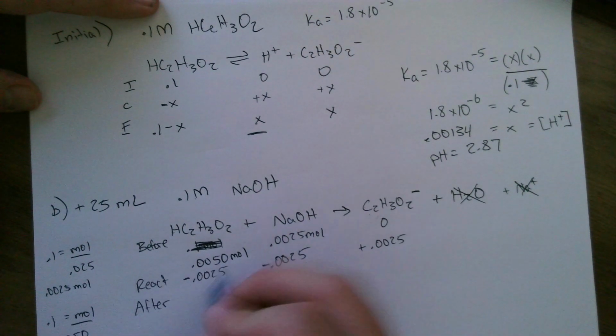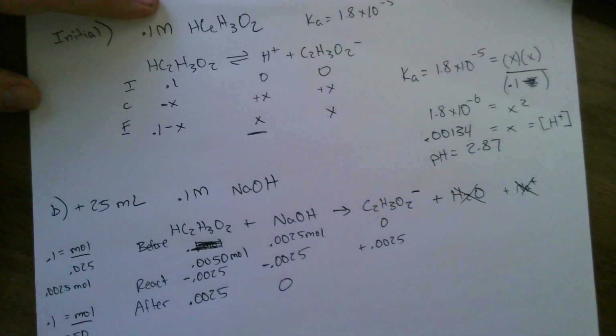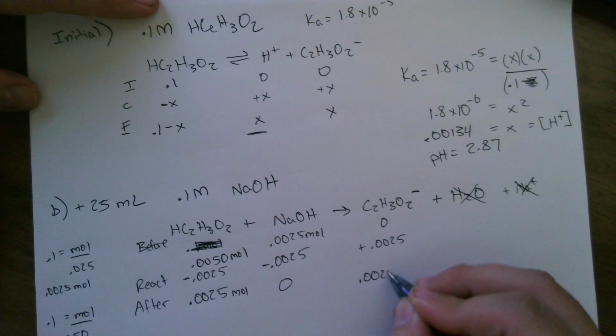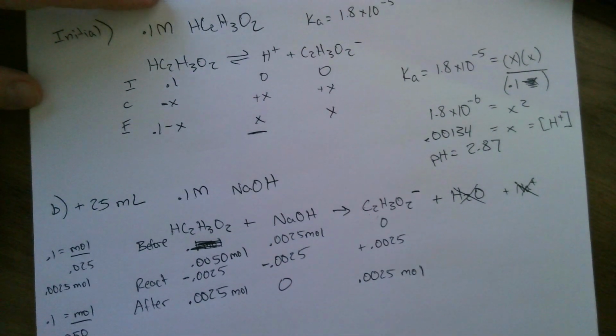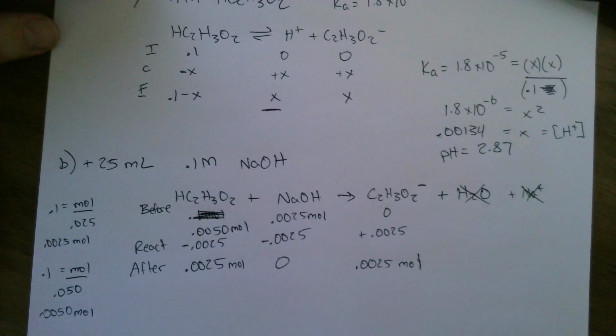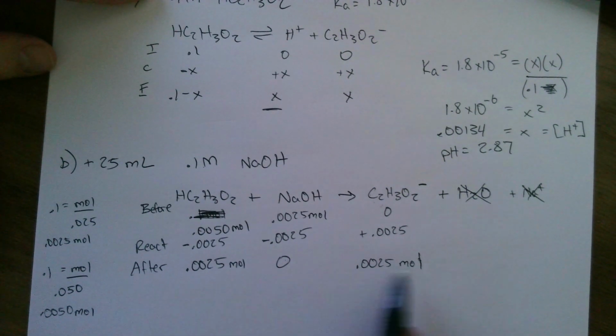After this reaction, I'm going to have 0.0025 moles of this, 0 moles of this, and 0.0025 moles of this. All right, so I have no NaOH left over, but now I have a buffer being made here.